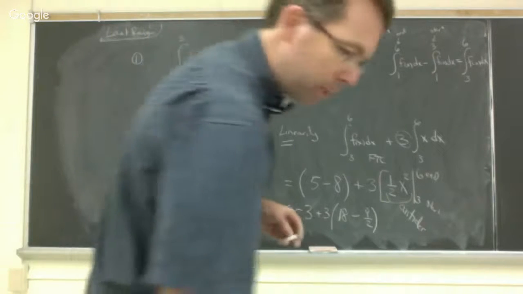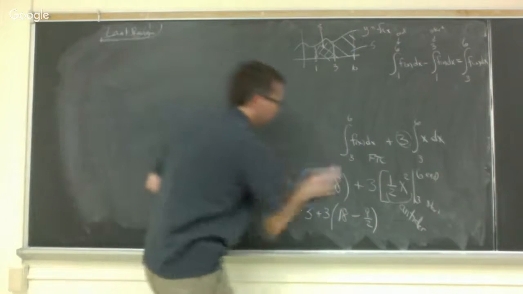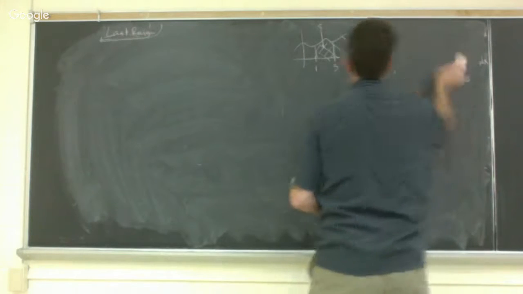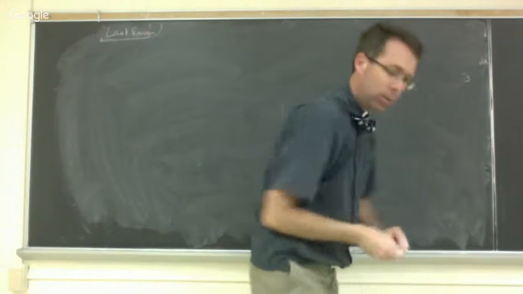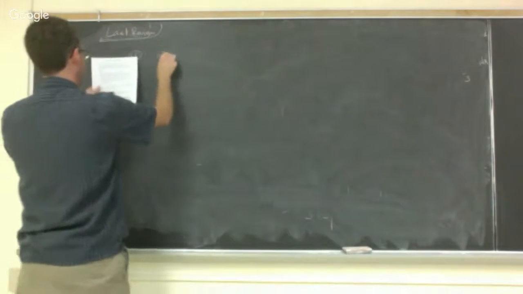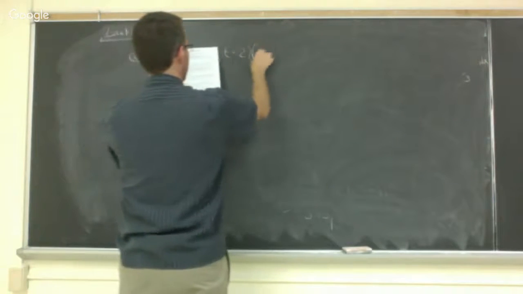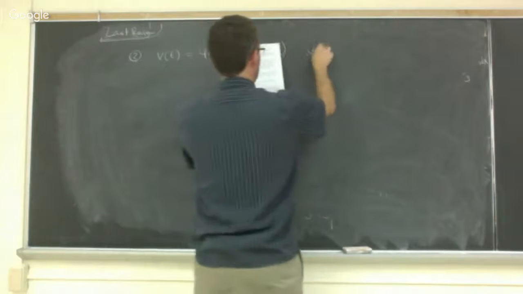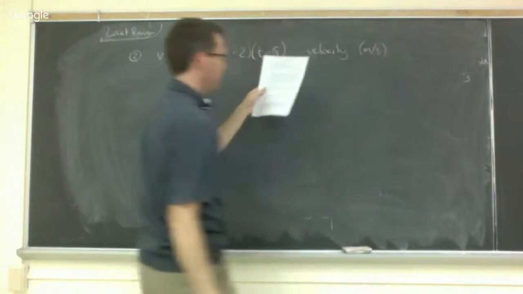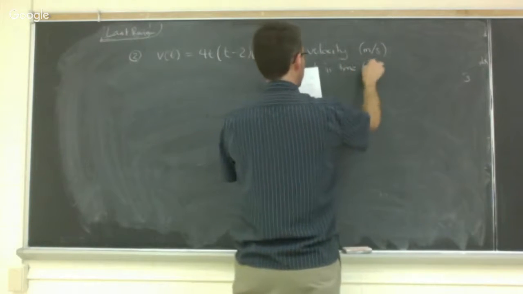Okay. The second problem, we have a formula for a velocity, measured in meters per second, t is time measured in seconds.